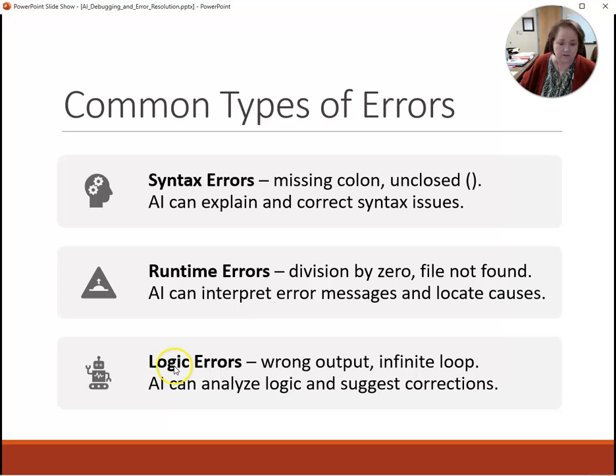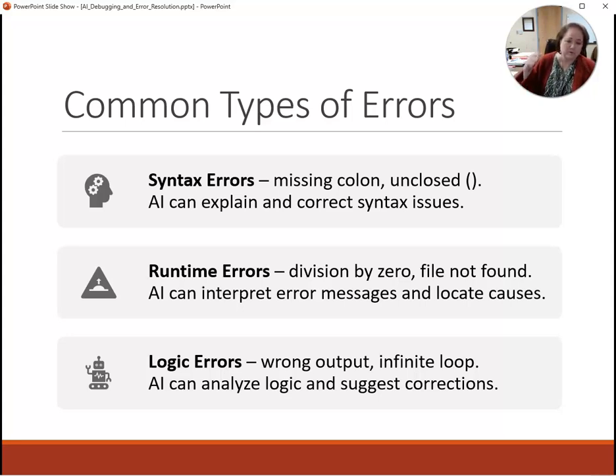And then logic errors are definitely the hardest for us to debug, but these are errors that don't usually crash the program. It'll run and we get output, but the output that we get isn't necessarily correct. Or sometimes it might enter into an infinite loop, or just something else is wrong with the logic of the program.